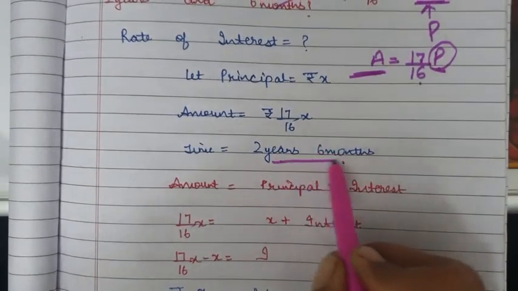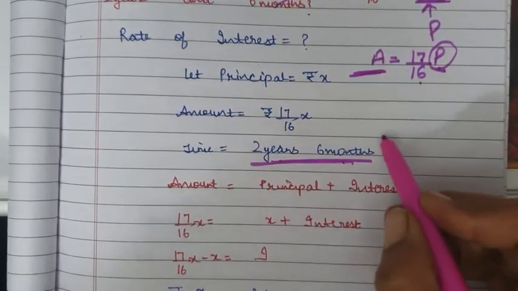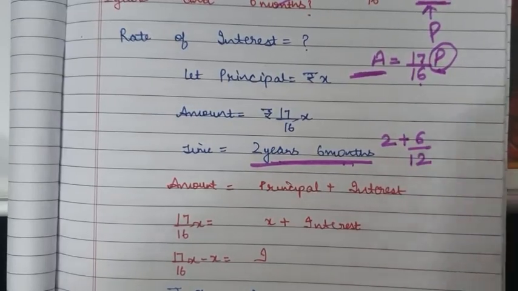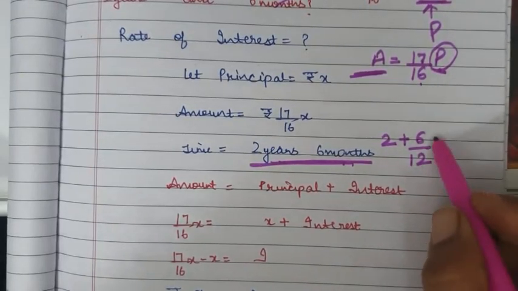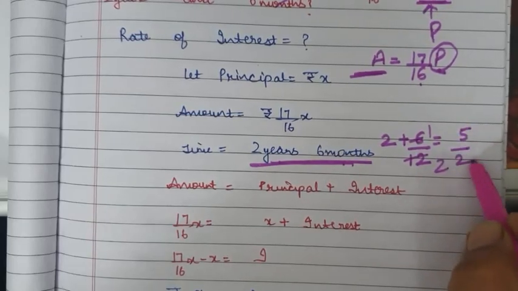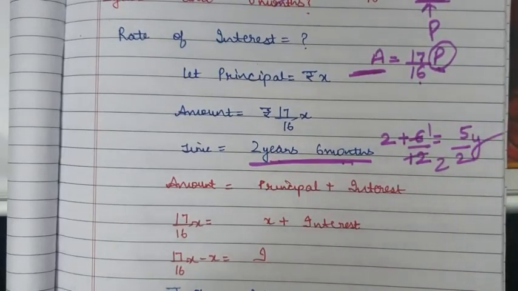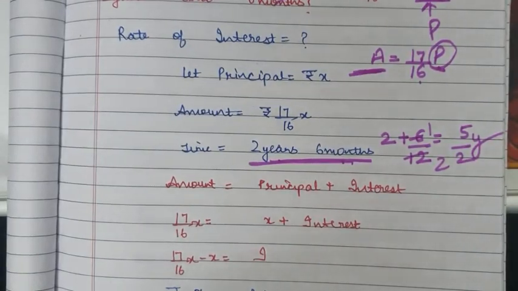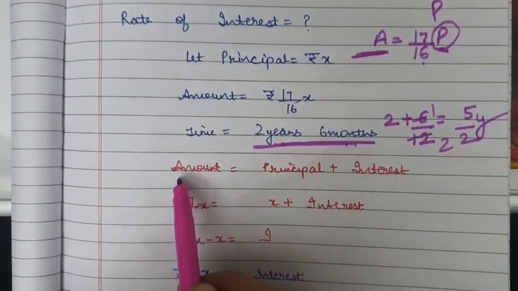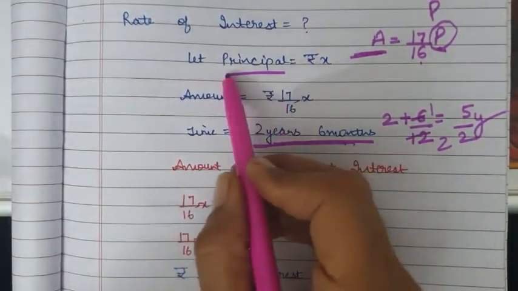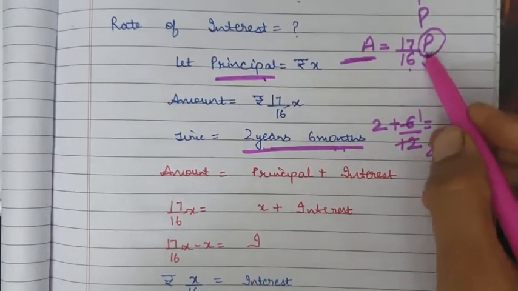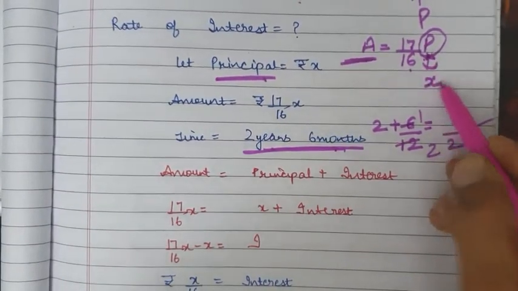And this we can convert into years. 2 years, 6 months, that is 6 upon 12. So what we get? That is 5 upon 2 years. Clear? Now you have to put the formula only. Now children, principal is not given to you here, so let us take principal here as x.